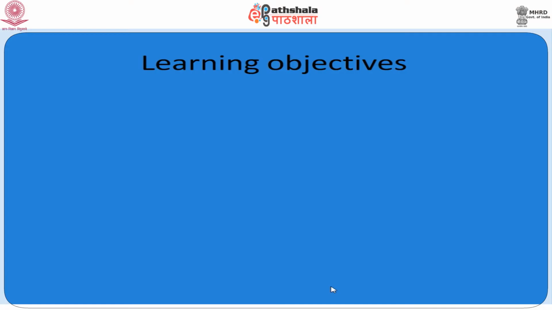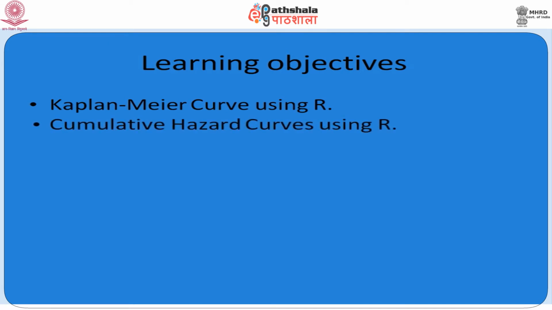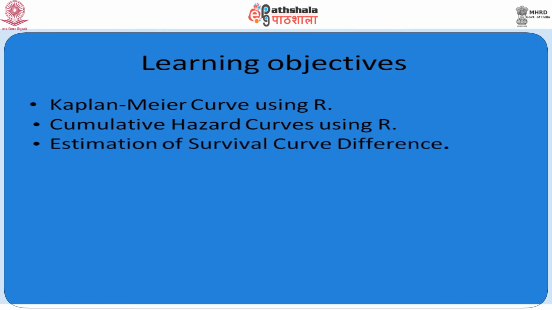So, the objectives of this module are to plot the survival curves, get the distribution of hazard functions, and compare the survival curves using R. Here we are going to see Kaplan Meier estimation using R. By the end of this module, we will see how to plot Kaplan Meier curves, how to get cumulative hazard curves using R, and estimation of the survival curve difference, and we will get the statistical inference on that.